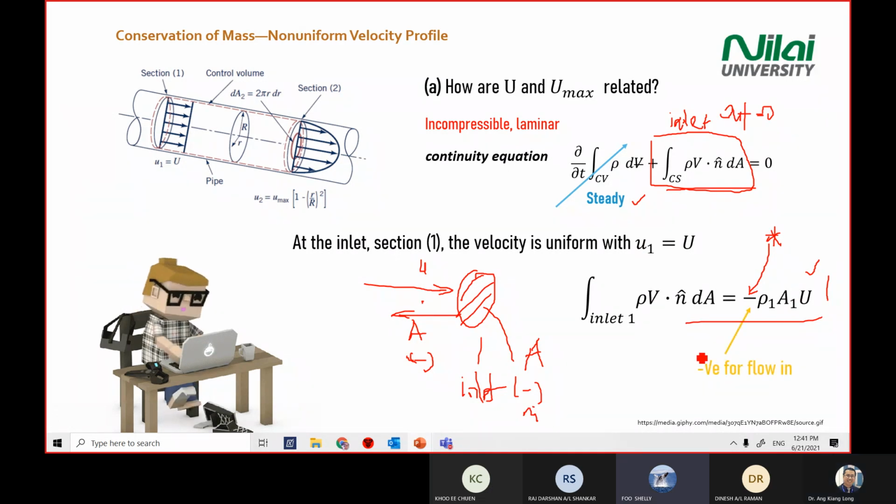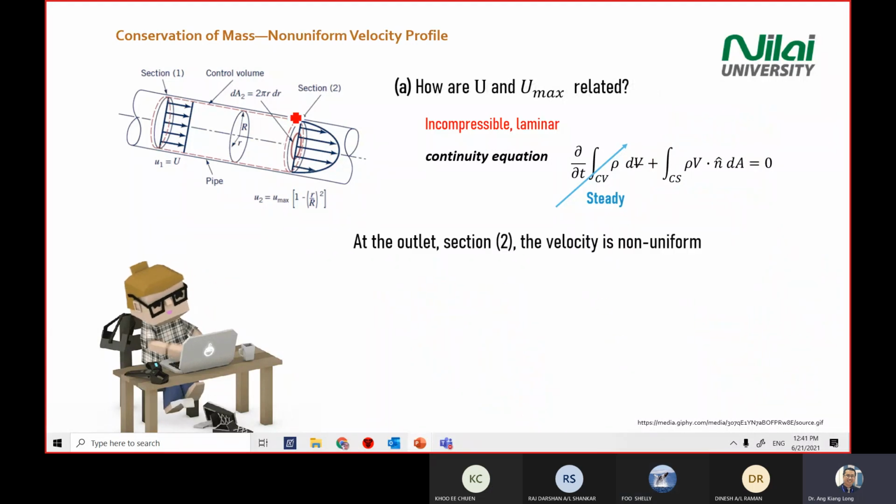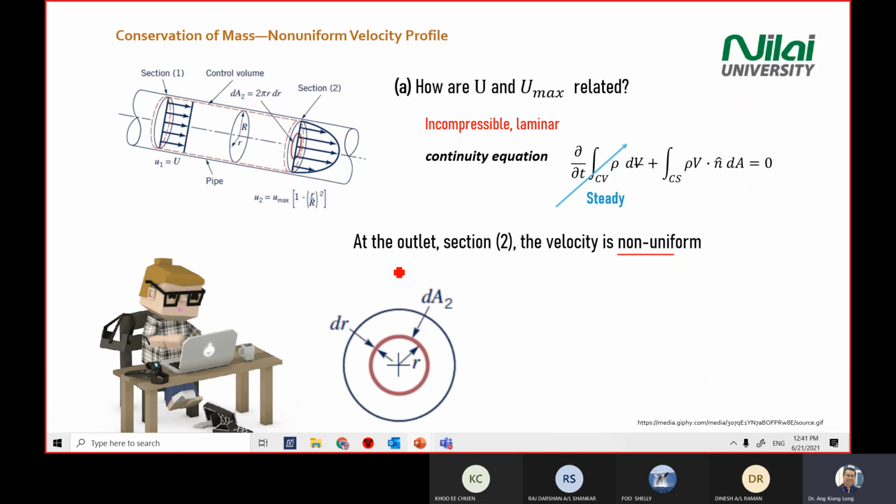Okay, good. So this is just another highlight. I already explained why it's negative there. So another one, we look at the outlet already. At the outlet, velocity is non-uniform. The equation is given, so you need to derive the equation from here. If you cut section 2, you are seeing a circle, and at the center of the pipe you draw a cross.